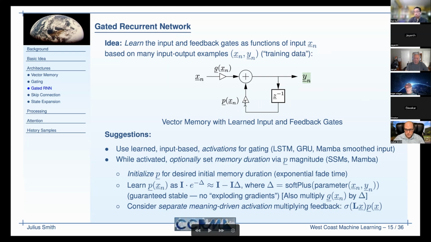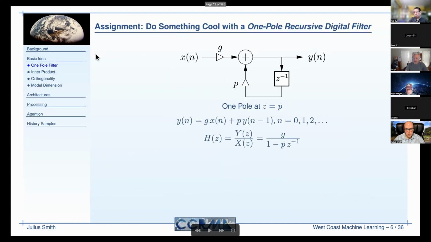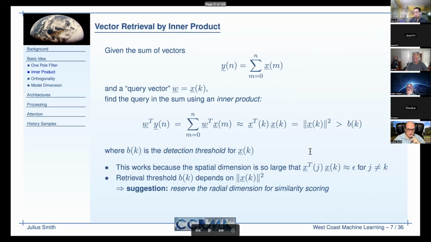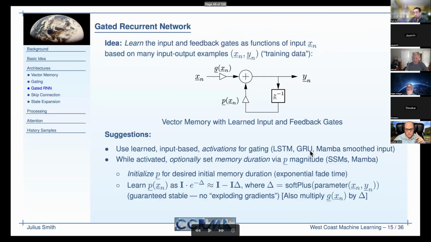When you said pole, it reminded me of 1 over z minus some constant, z minus a. So what does that imply here? We talked about the one pole filter. Even in the figure where you have the z to the minus 1, which is 1 over z, you could have 1 over z minus a, couldn't you?